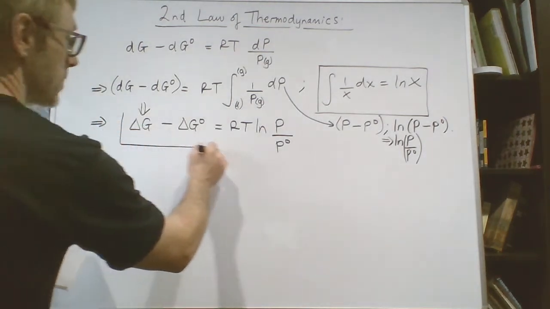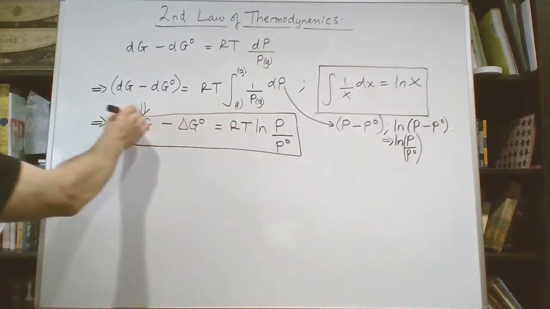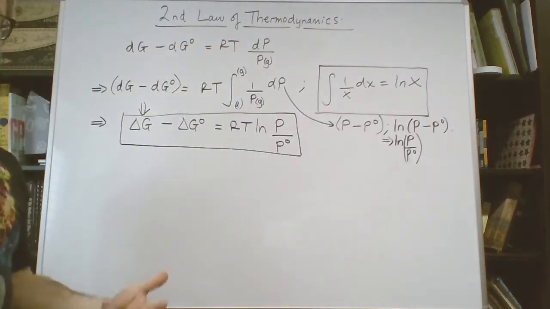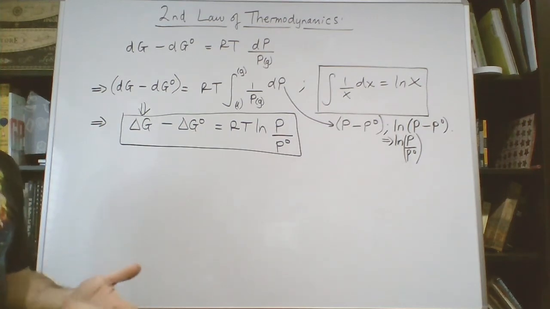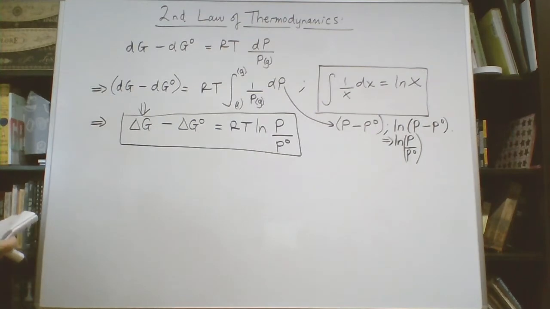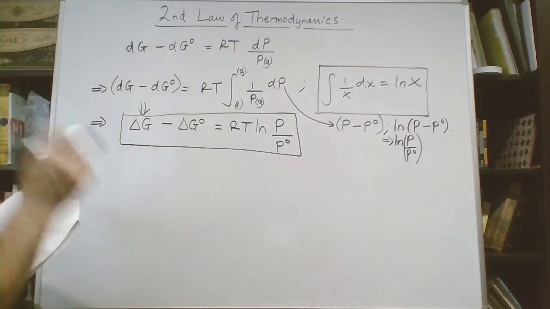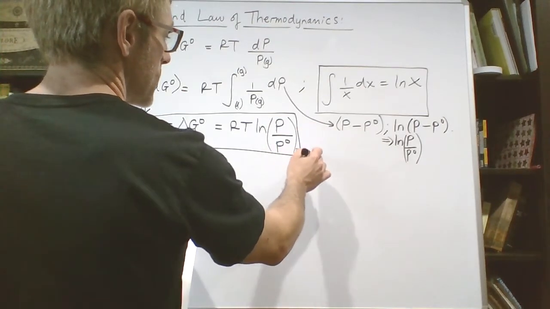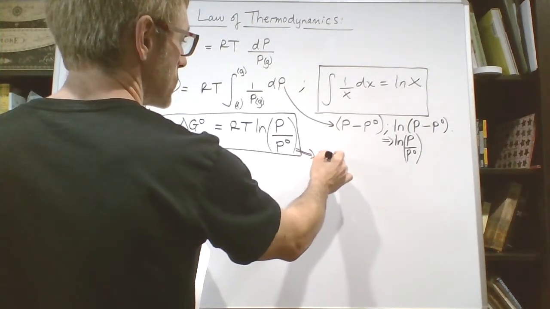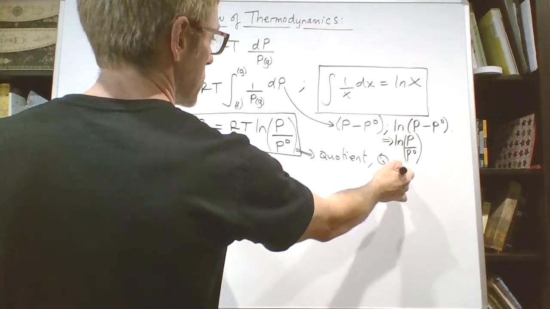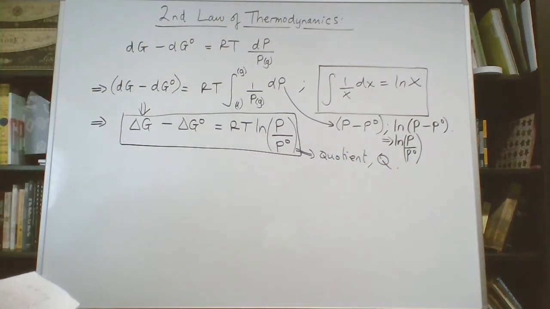So if we take our equation, which again, remember, is just a version of the second law. We haven't looked at anything new today other than the second law, just manipulated to be applicable in different situations. We can start to acknowledge that this thing here is just a quotient. So let's call it Q. Quotient just means fraction.